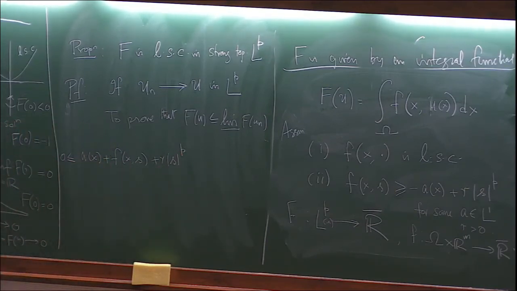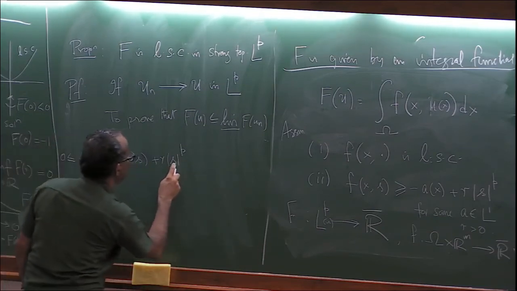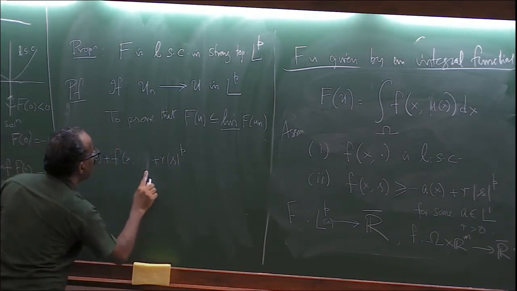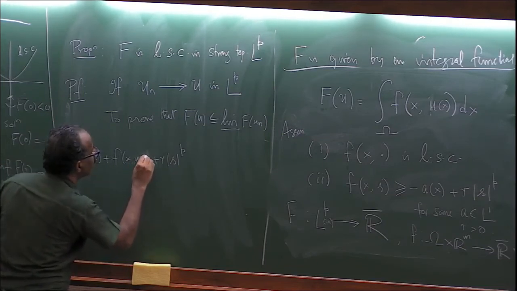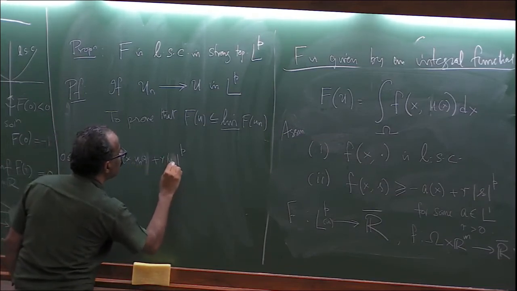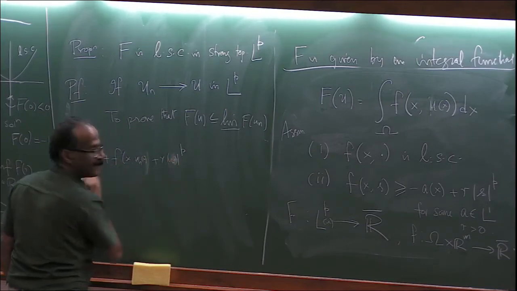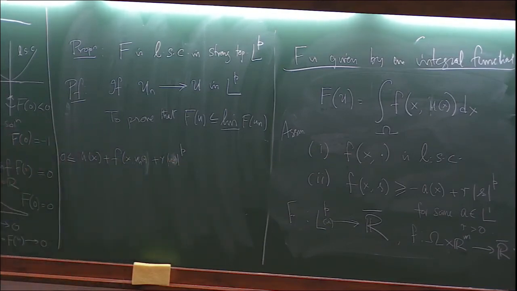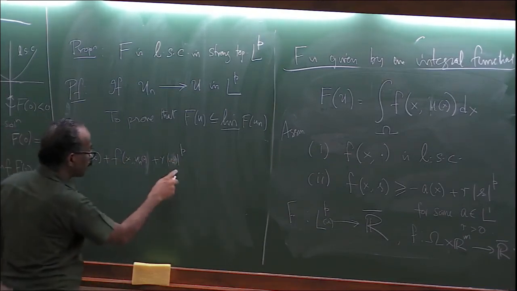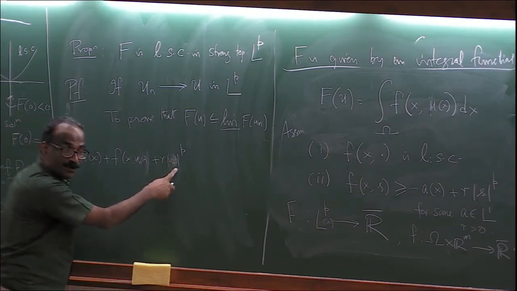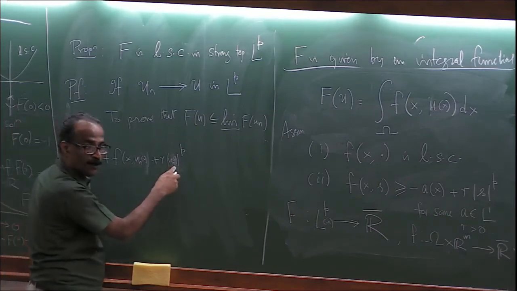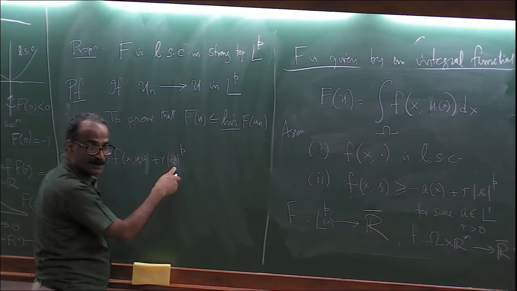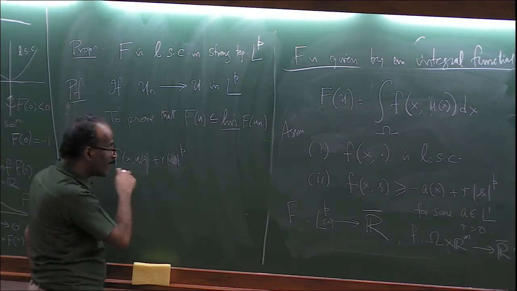And by the lower semi-continuity, instead of s, I will put un of x. Here also, I will put un of x. So I can apply my lower semi-continuity. Of course, the modulus is lower semi-continuous. You don't lose anything. This is a fixed quantity. There is no problem, these are lower semi-continuous functions. So you get it easily.